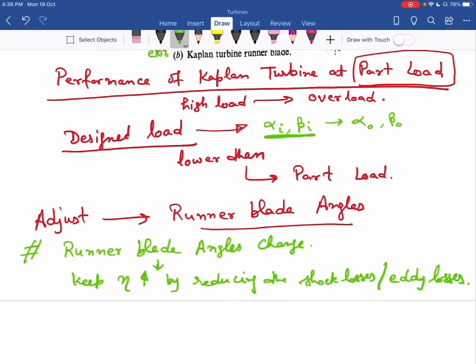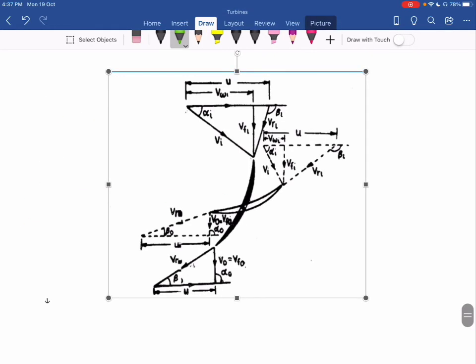So this is at the inlet. Now how do these angles change? You can see in this diagram. Now here the thick line.